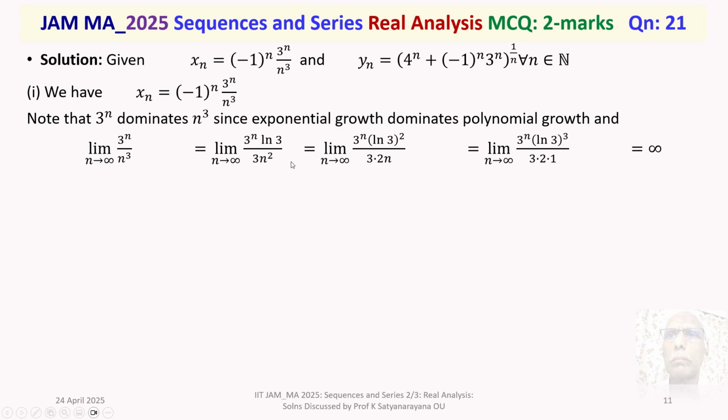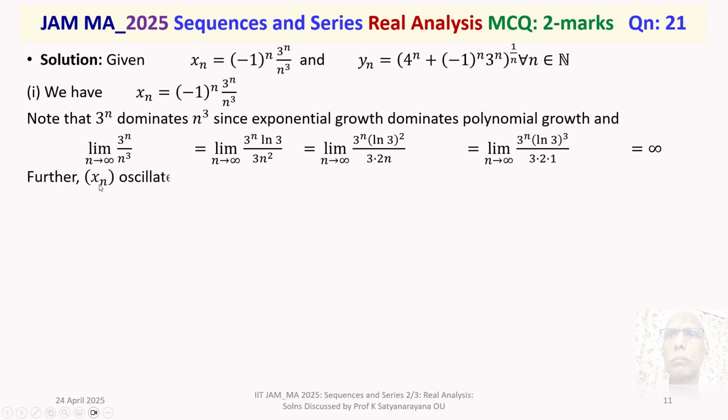Again, infinity by infinity, so we use L'Hopital's rule again. Again it is infinity by infinity, and we use L'Hopital's rule again. So the denominator is factorial 3, and the limit of 3^n as n tends to infinity is infinity. So it is infinity.